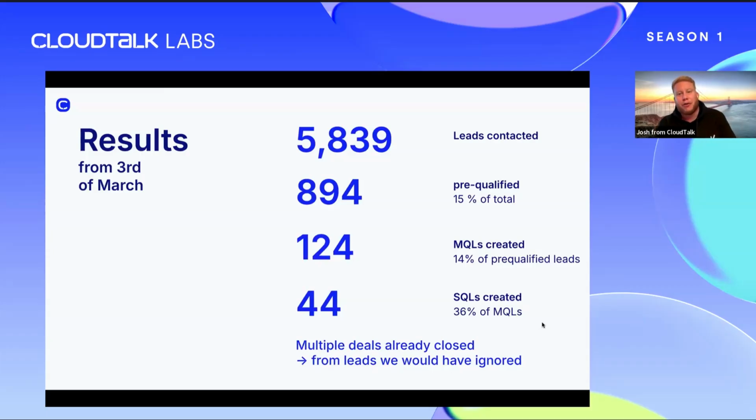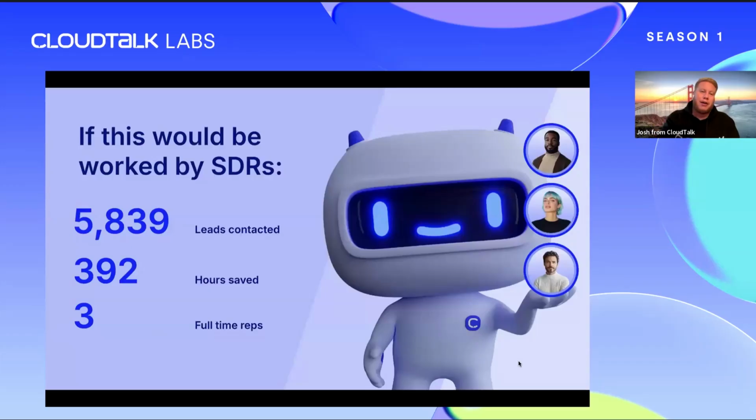From that 894, we created 124 MQLs. So the MQLs that come through to our team, they're ready to go. And 44 actually turned into a lead, which an account executive is now working, either in process or closed. Some great statistics. For me, what was huge was this.